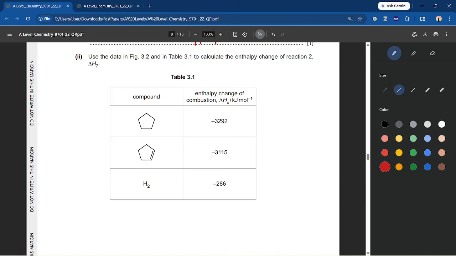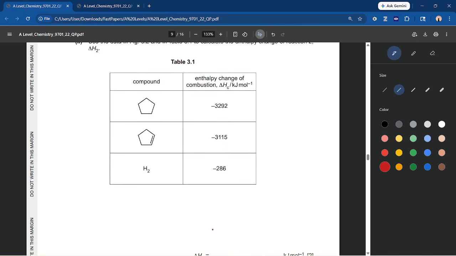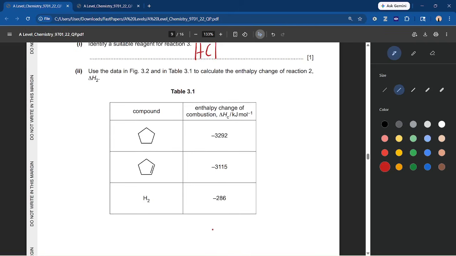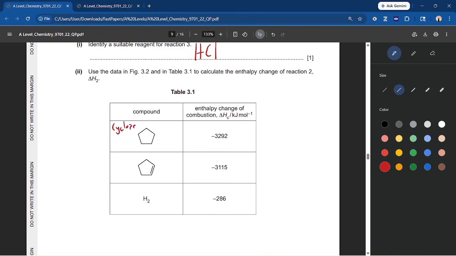So the way this goes, first of all, we're going to have to figure out the enthalpy change of combustion. So we have the enthalpy change of combustion for cyclopentene, and for hydrogen. So let's label this down. Cyclopentane. This will be cyclopentene. And that's hydrogen.